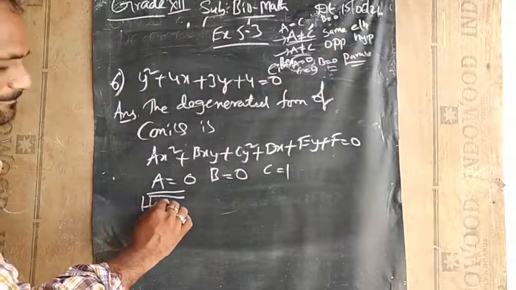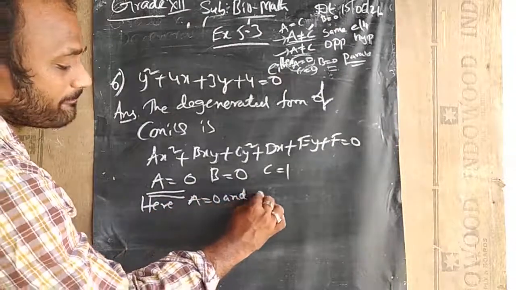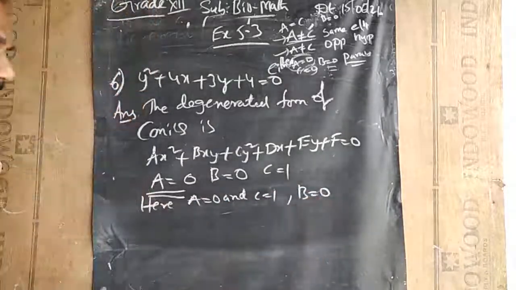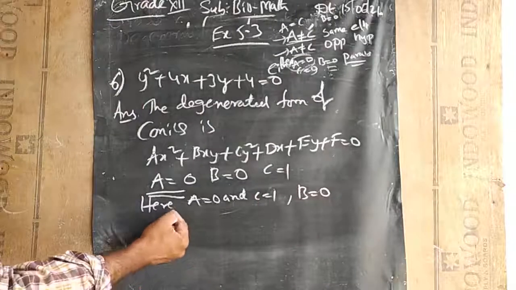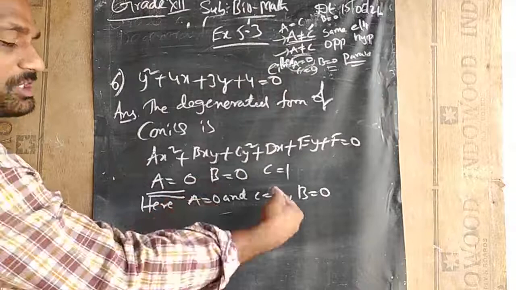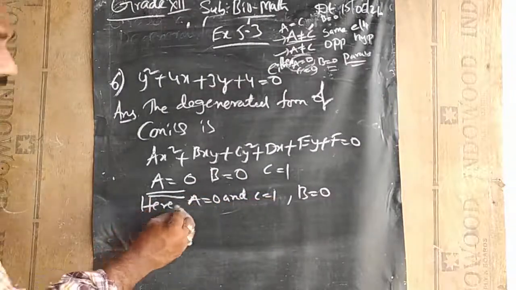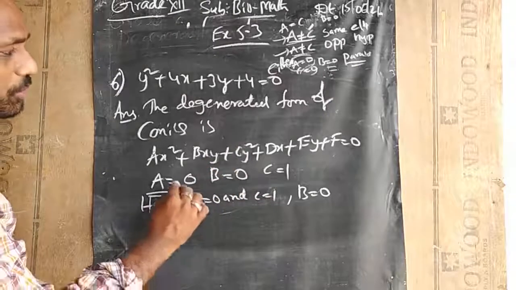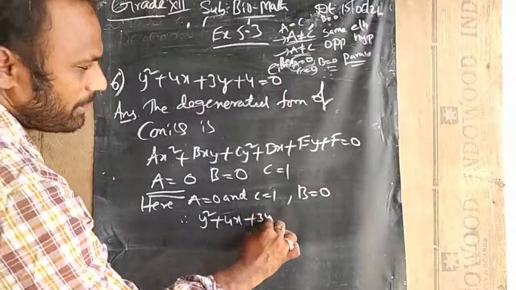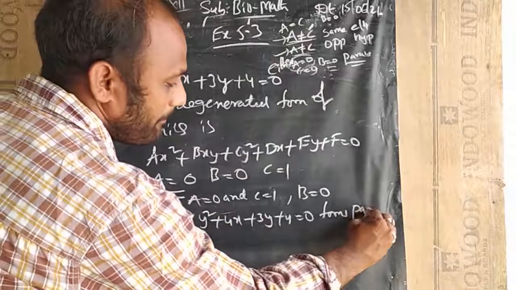Here A is 0 and C is 1, and B is automatically 0. Either A is 0 is okay for us or C is 0 is okay. If A is 0, C should have some value. If C is 0, A should have some value. In this case, it is going to form a parabola. So y square plus 4x plus 3y plus 4 is equal to 0 forms a parabola.